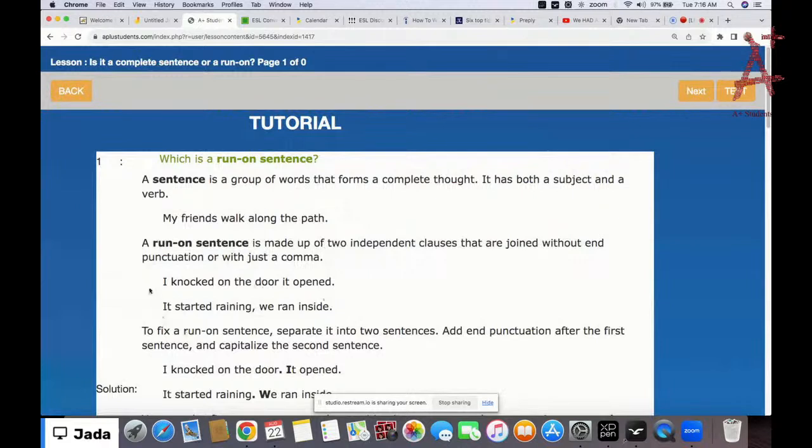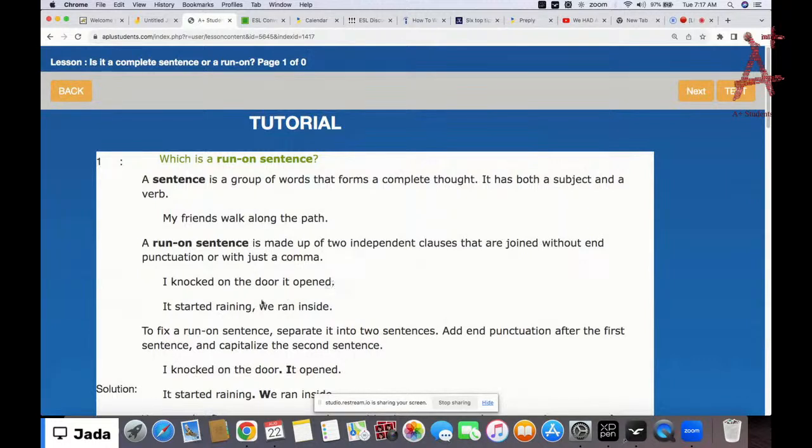Look at the example here. We have: I knocked on the door, it opened. This is like two sentences that are joined together. These two sentences should be separated by a period. It's supposed to be separated by punctuation, but it's not separated. It's just joined together.